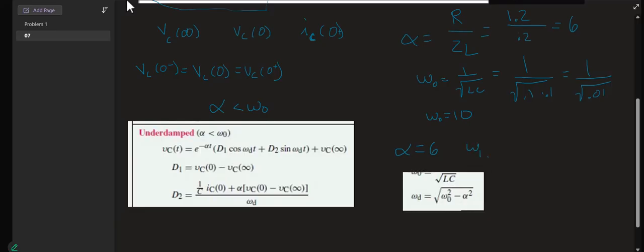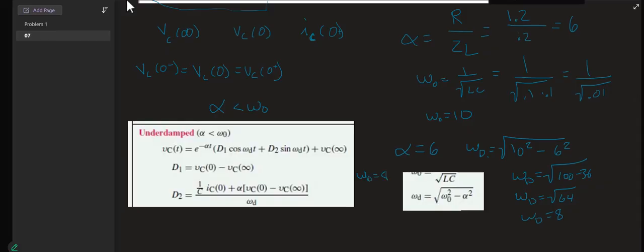So omega D is the square root of 10 squared minus 6 squared, or 100 minus 36, which is 64, which is 8. So omega D is 8.